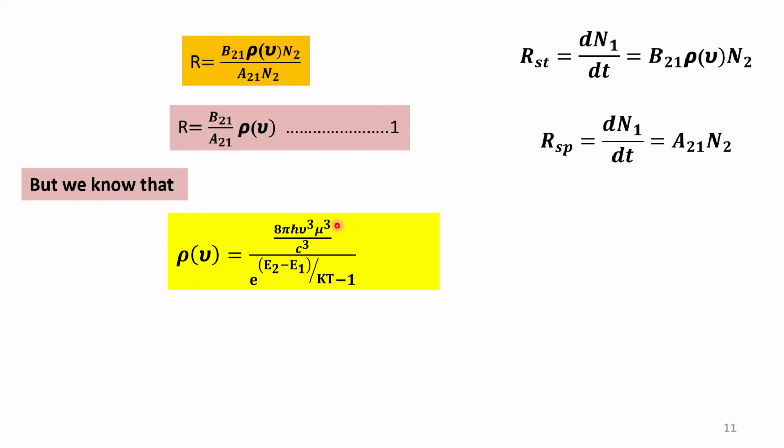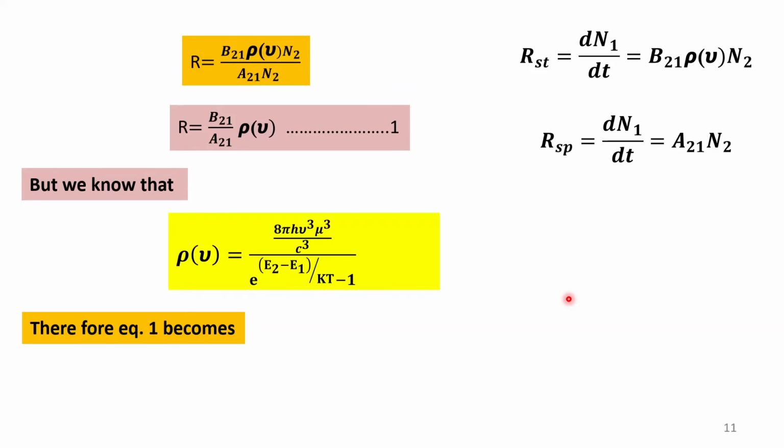But we know that the density of the incident radiation, rho nu, is equal to 8 pi h nu cube into mu cube divided by c cube divided by e raised to (E2 minus E1) divided by kT minus 1. We have already obtained the relation of the density of the incident radiation in the first chapter.